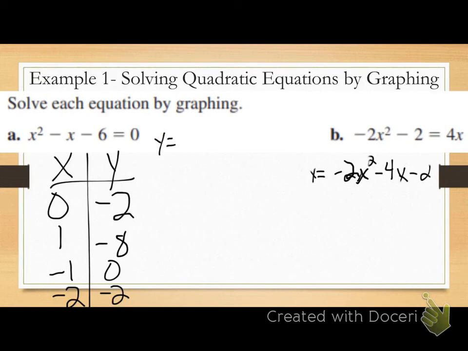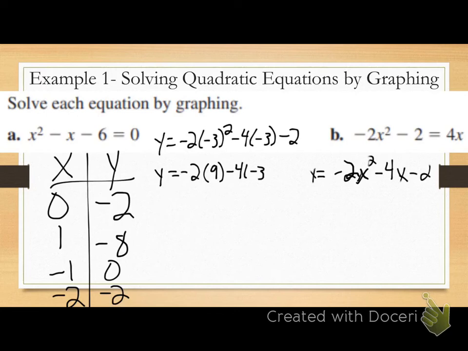So y equals negative 2 times negative 3 squared minus 4 times negative 3 minus 2. Negative 3 squared? 9. Negative 2 times 9? Negative 18. Negative 4 times negative 3?